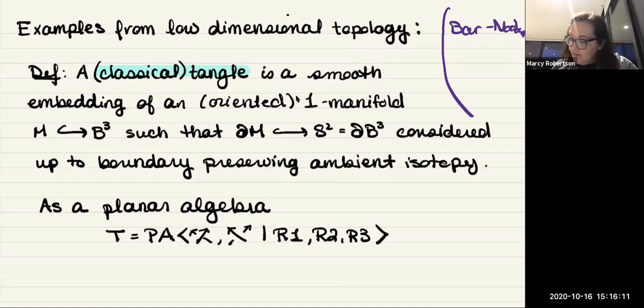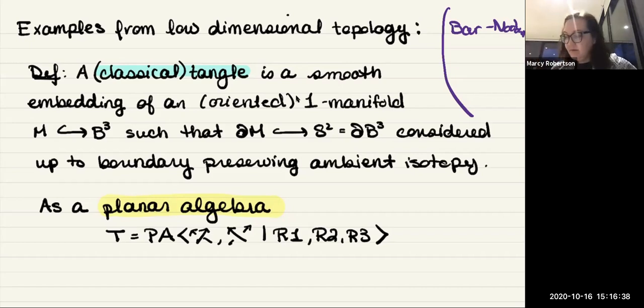As a planar algebra, I can write it with this presentation. All classical tangles are given by the planar algebra with these generators, the over and under crossings, and up to the 3 Reidemeister moves, and these are relations. So an element of this algebra will be a tangle.